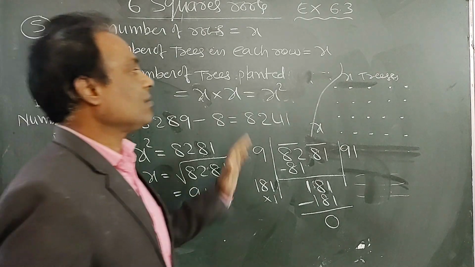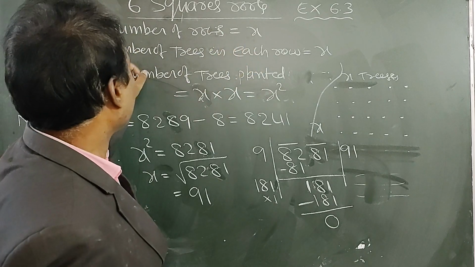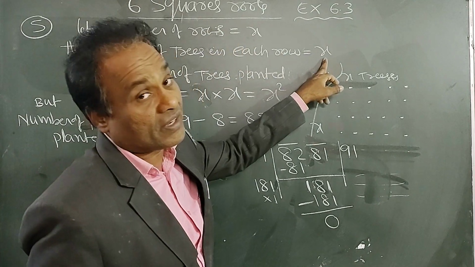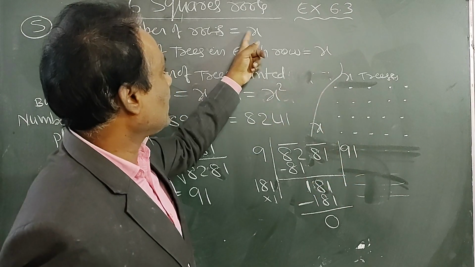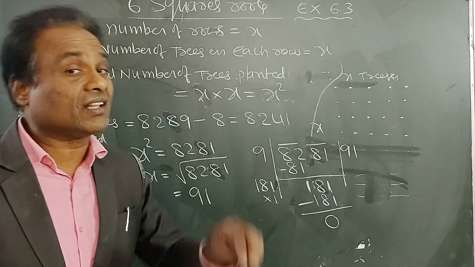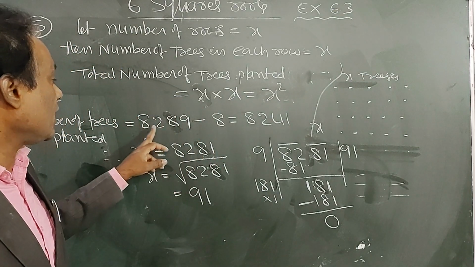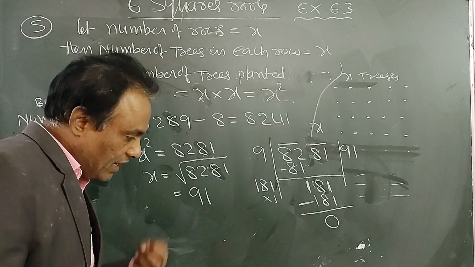Like this. Let us assume that the number of rows is equal to x. The number of trees in each row is also x, because the number of trees is equal. So the total number of trees planted will be x square. But how many trees are planted? It is given in the problem. Actually we have 8,289 trees, but 8 are not planted, they are left over.